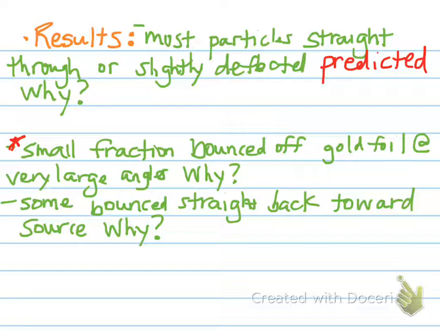So if you kind of picture this gold foil being straight here, what is happening here is as we shoot these alpha particles in, they hit this gold foil and they come off at large angles. He wasn't expecting that. And he said some of these alpha particles came in and they bounced back.